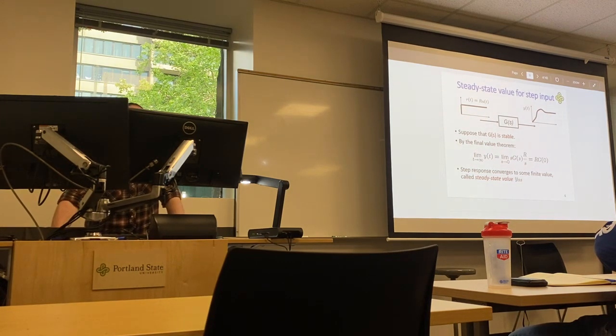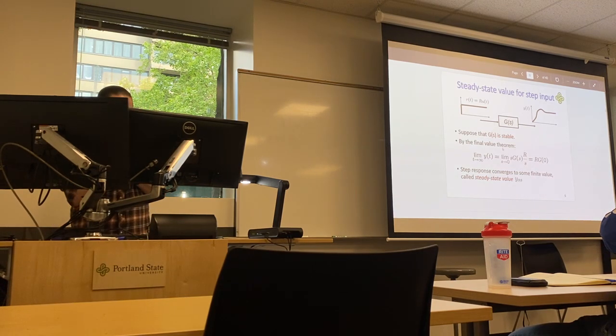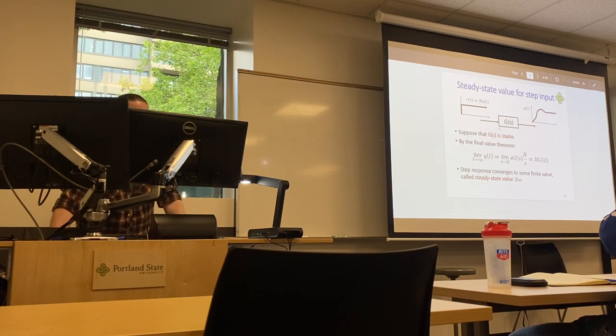So for the steady state value for the step input, we're supposing for this example that the plant G of S is stable. So by our final value theorem applied to the step response, remembering U of t transformed is 1 over s, depends on what the r value is.